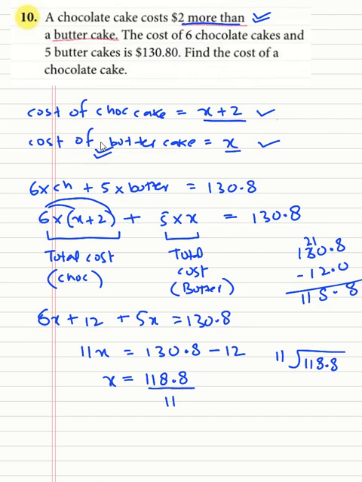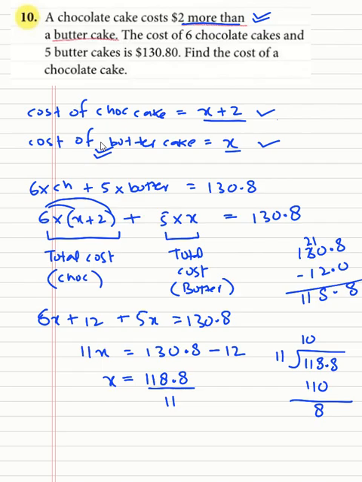118.8 divided by 11, so this will be 11 ones are 11, or we can do 11 tens are 110. 8 is the remainder.